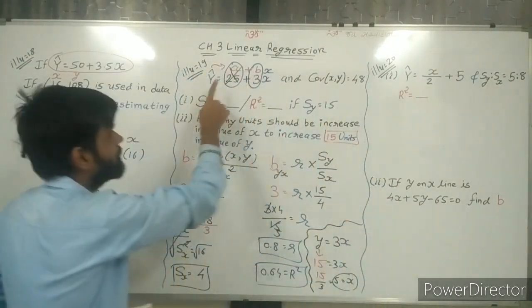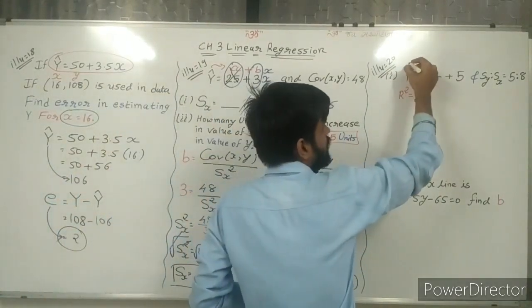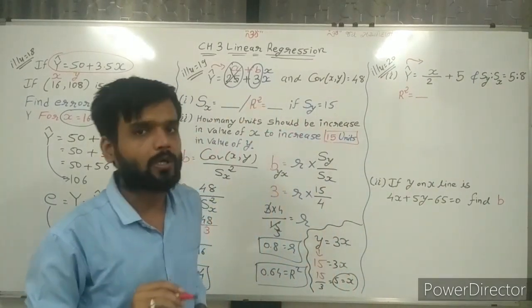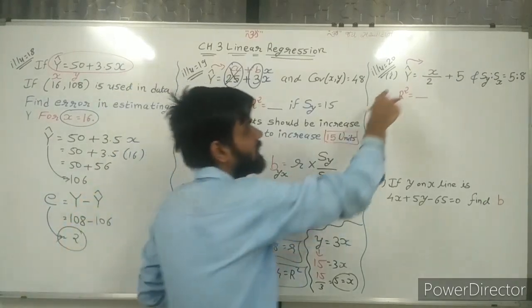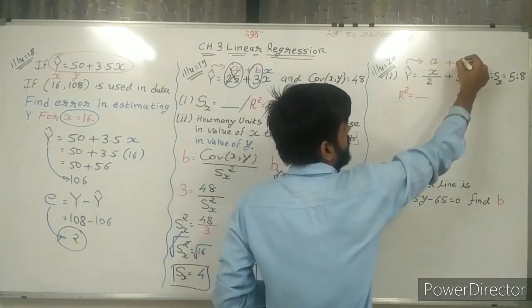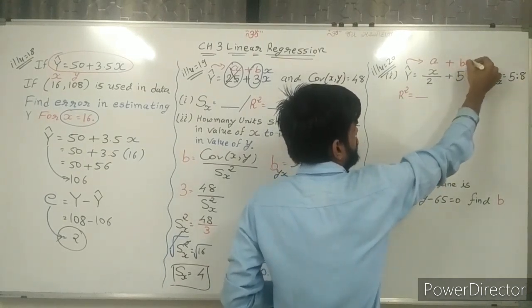So again, in the same way, I am writing here the formula of y cap. Now what is the formula of y cap? Sir, y cap is equal to a plus bx.